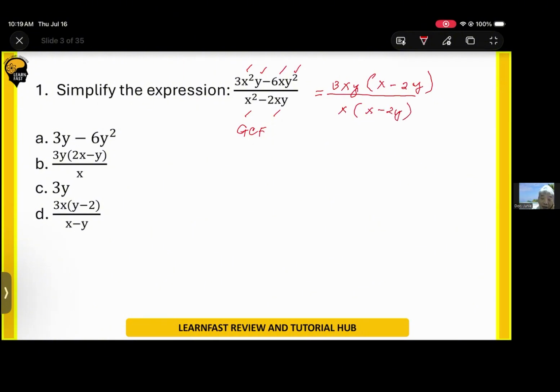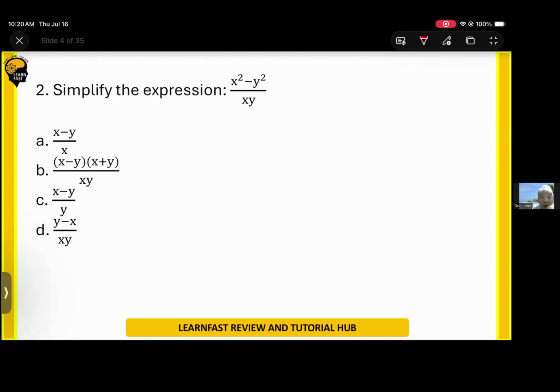You would note that x minus 2y is common to the numerator and denominator, so they cancel out. Also the x will cancel out. So your answer is 3y. Again, the word simplify means your answer looks simple. C is the most simple looking option, so we consider C as the answer right away.